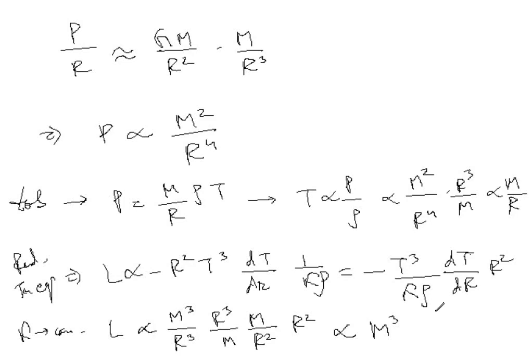Okay, so what did we learn? Basically, we have derived this cube power by assuming that kappa is independent of pressure and temperature, and we assumed P is proportional to gas pressure.